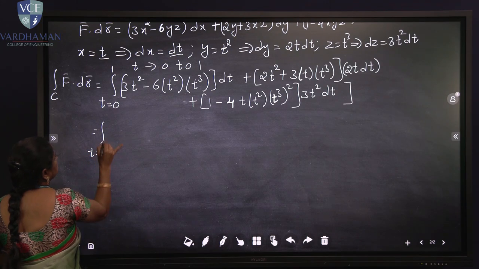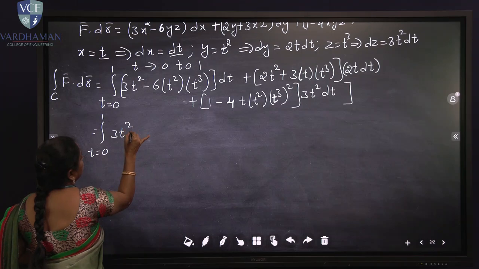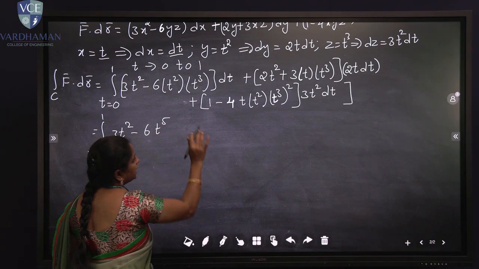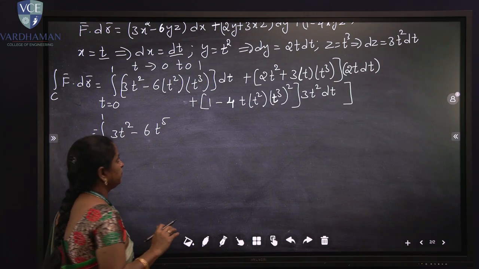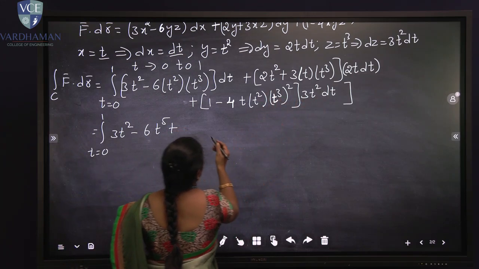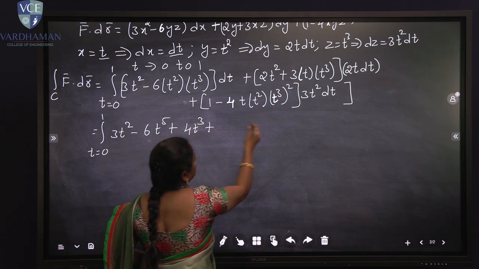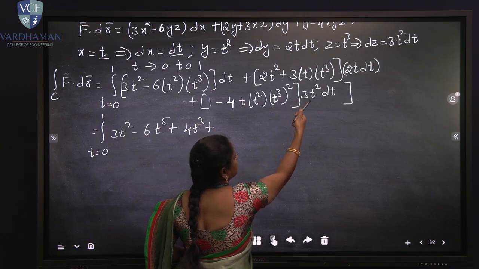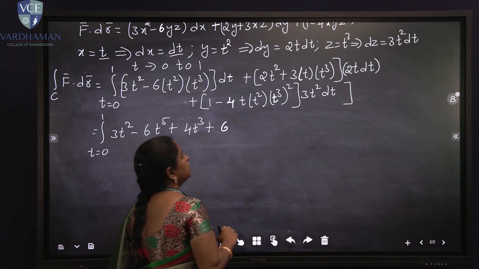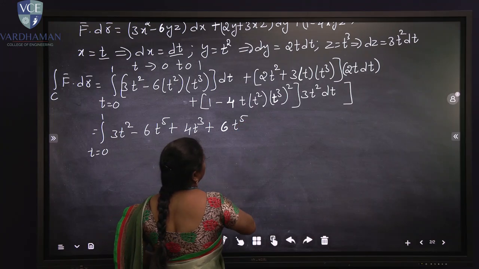Okay. Now we have to simplify all these things before doing the integration. So t equal to 0 to 1. Now 3t square minus 6 t square t cube, we will get t to the power of 5, and dt in all we will take common. Plus 2t square into 2t is 4t cube, plus t cube t, we get 3t, 3 into t, 6, so we get 4, 5, t to the power of 5.